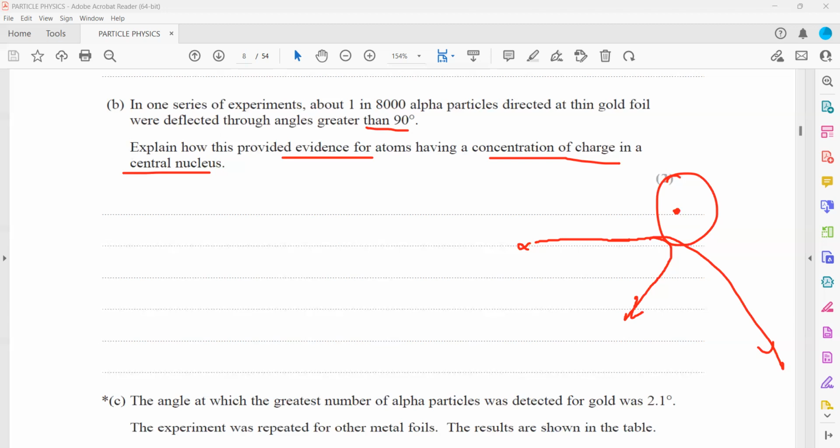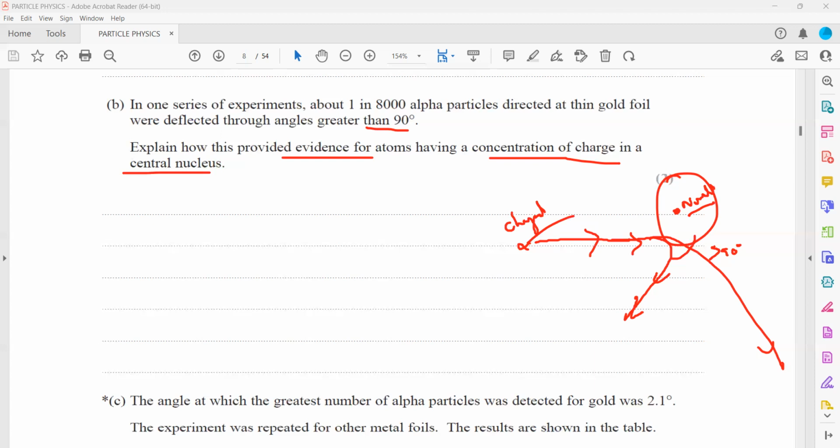Basically, the idea is that alpha particles are charged, so if a nucleus is charged, two like charged objects are there, and they would change the angle by a small amount, less than 90. But for an alpha particle to change its angle by more than 90, the nucleus must be charged, because like charges repel each other.